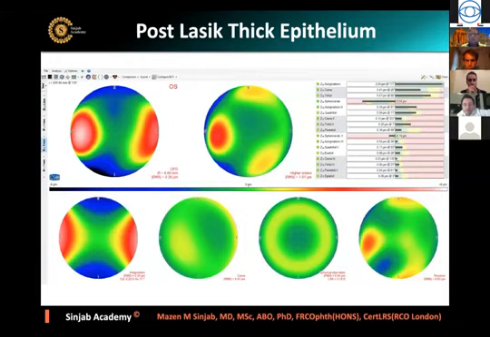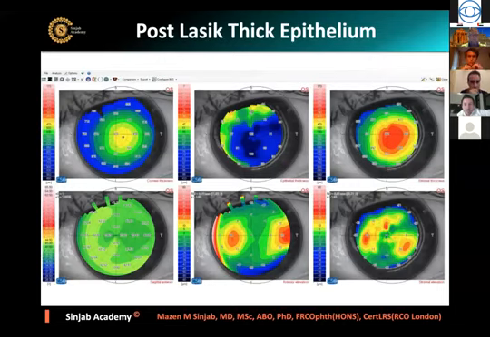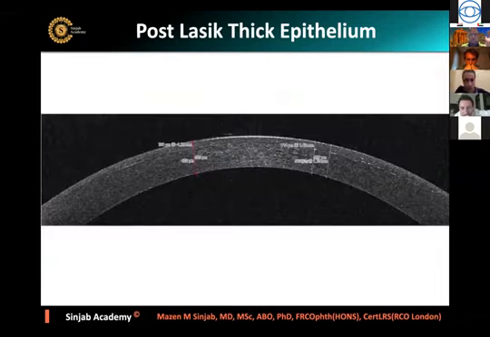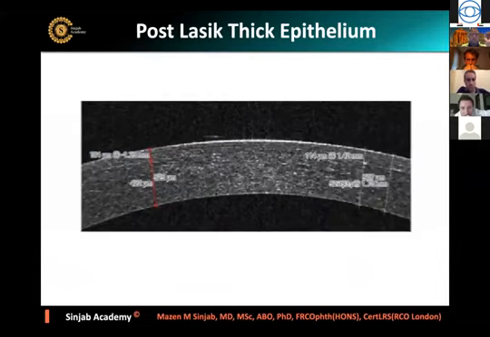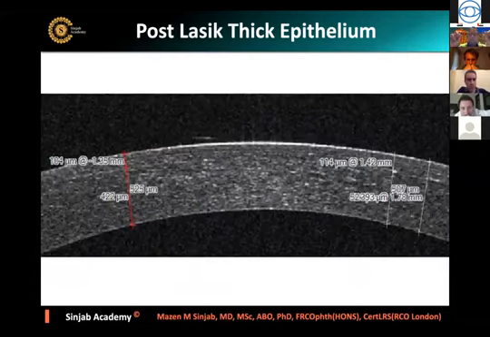If we get back to this map, we can see that the corneal thickness is around 470 to 480. Now we go to the OCT. If we look at the OCT, we can see that the flap thickness is 100 something, 104. So most of the flap is epithelium, as we see here.